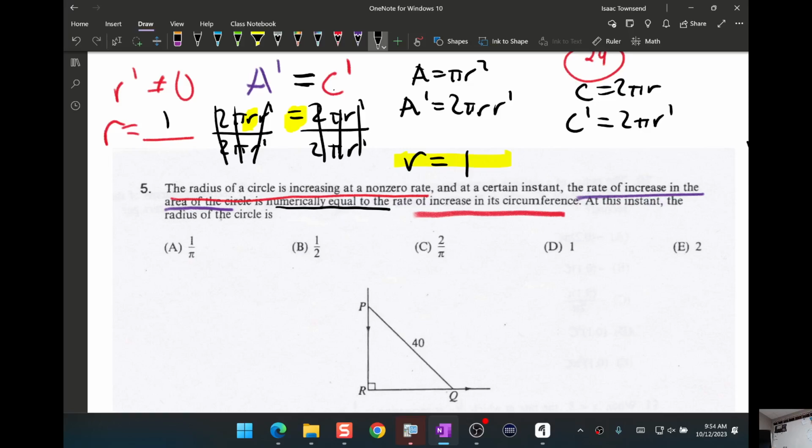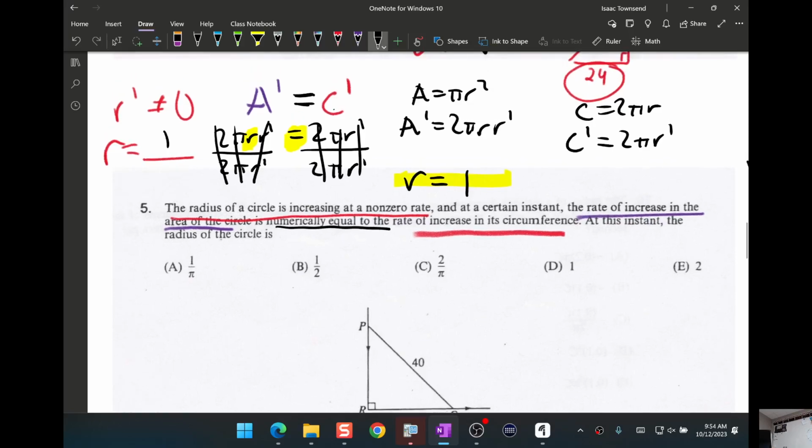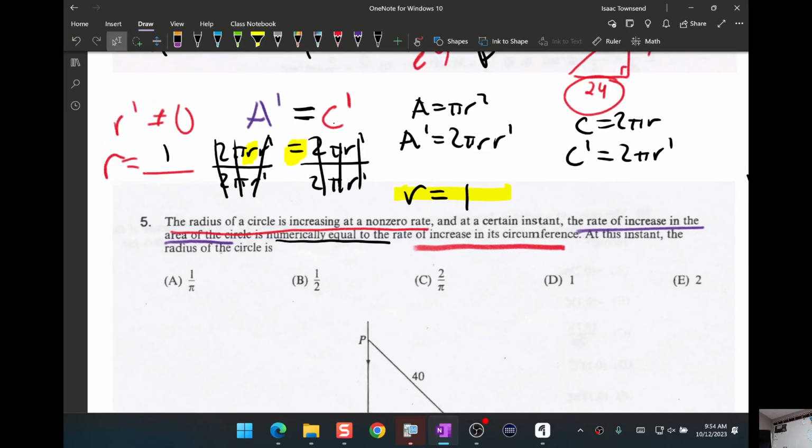But this is another great example of how every one of these questions has a different feel to them. But with geometry formulas, take the derivative with respect to time. That part will be consistent.